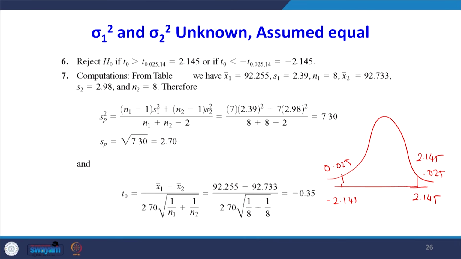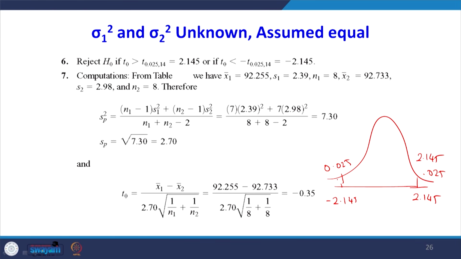Therefore, first we find the pooled variance using the formula n1 minus 1 s1 square plus n2 minus 1 s2 square divided by n1 plus n2 minus 2. After substituting, we get 7.30. We take the square root to get the standard deviation, 2.70. Using this in the t formula, we get minus 0.35.